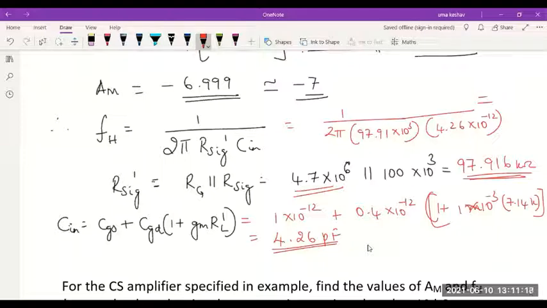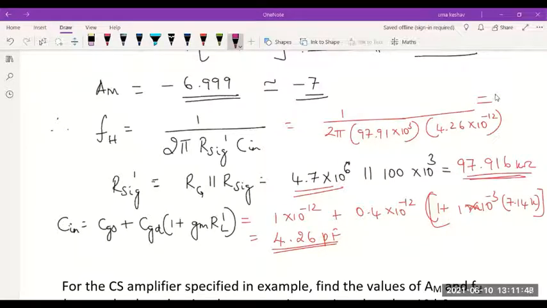Any answers? 381.55 kilohertz. Okay, 381 kilohertz. It's right.